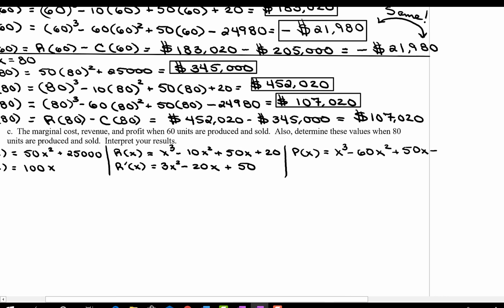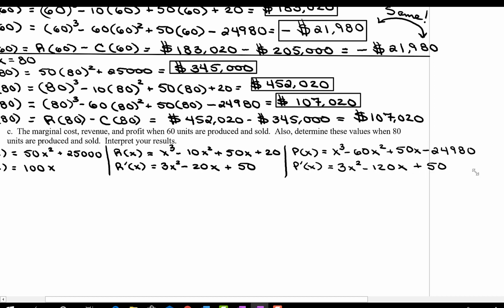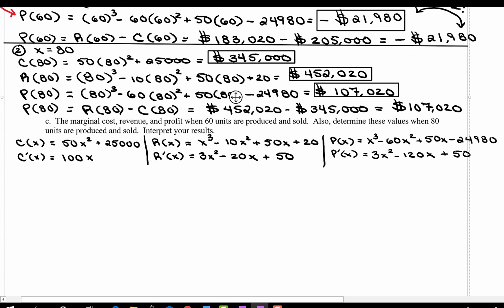P prime of x is equal to 3x squared minus 120x plus 50. Now that I have all of my functions, I'm going to shrink the P of x and the P prime of x a little bit so it matches the size of my C of x and R of x functions.